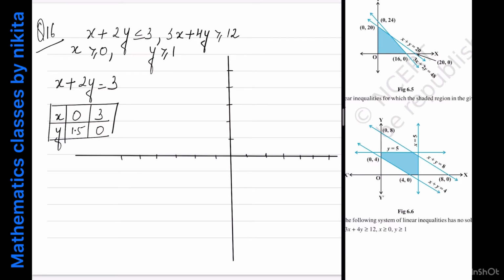So let me just first of all draw the Cartesian plane. So this is your x axis and this is your y axis.